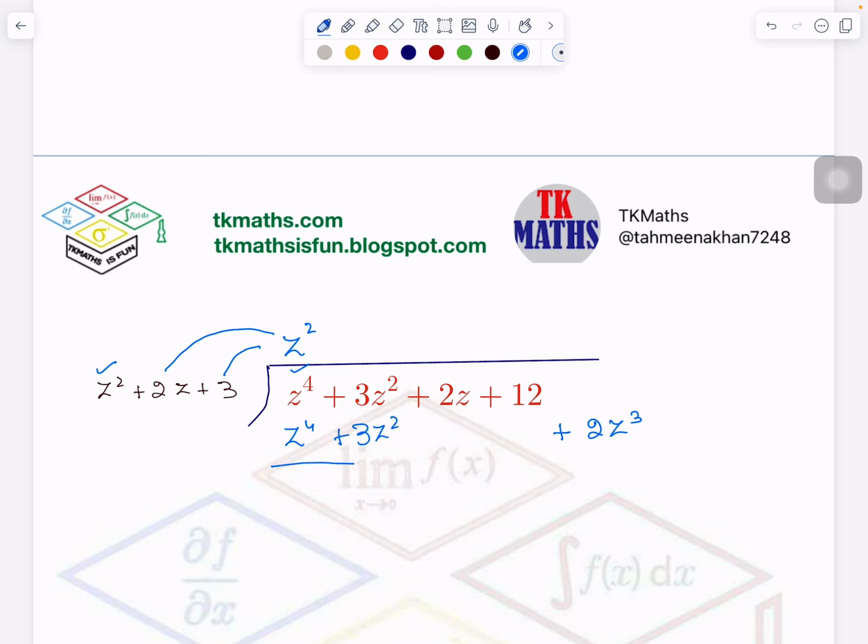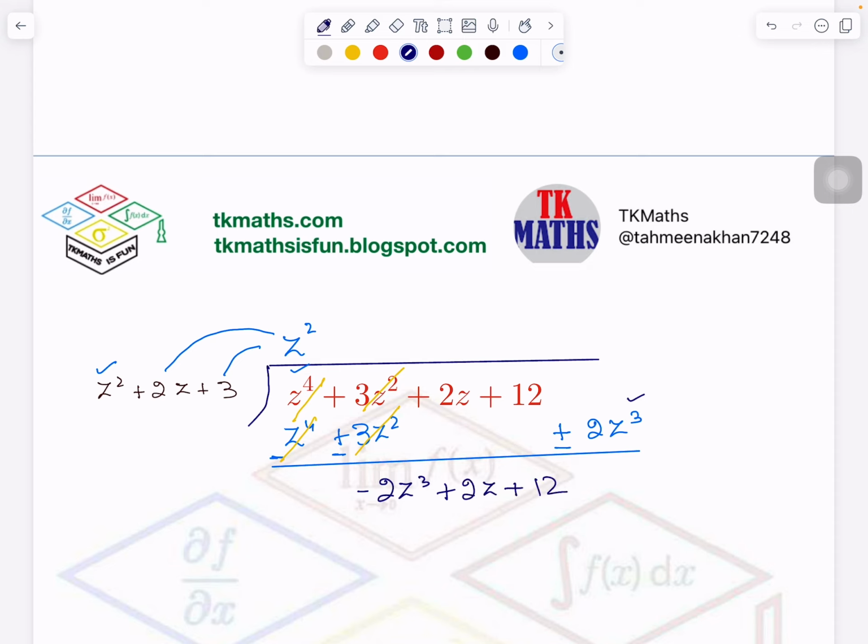Just like in the number system we subtract the terms, so I will subtract here also. When I subtract, the signs will change. So this will cancel out, this will cancel out, and I will get here minus 2z cube. I'm writing this term first because it has power cube. Then I will write plus 2z plus 12.